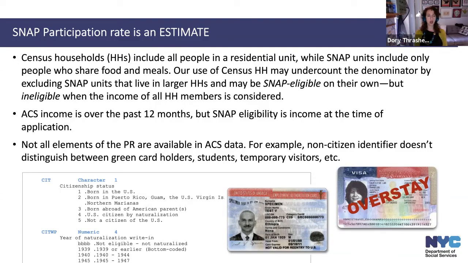And not all elements of the participation rate are available in the ACS data. For example, the non-citizen identifier really only distinguishes between citizens and non-citizens. It doesn't tell us anything about who has a green card or who's a temporary visitor. It definitely doesn't estimate undocumented individuals.